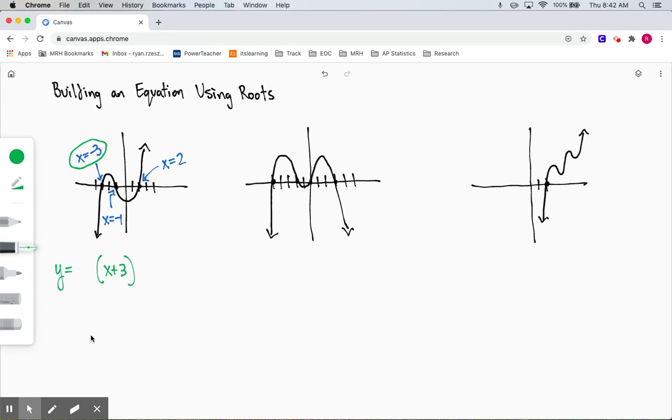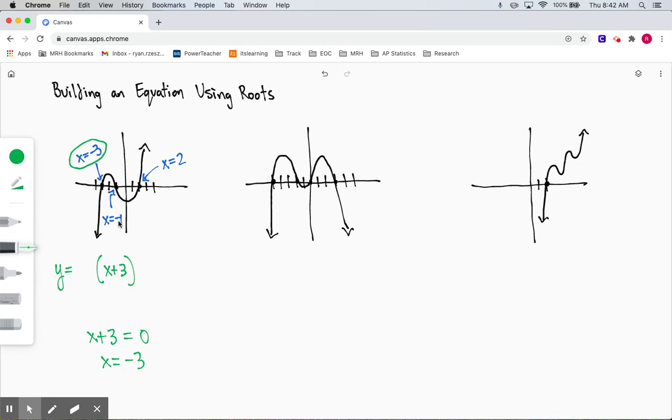You already know if you have parentheses being multiplied and 0 on the other side, you just set them equal to 0 separately and solve. So if my answer is supposed to say x equals -3, well, x plus 3 has to be a factor.